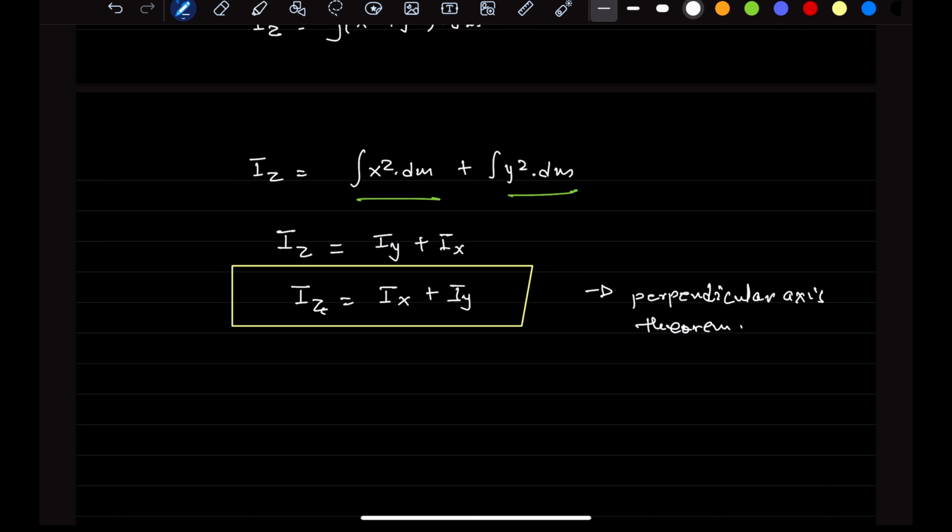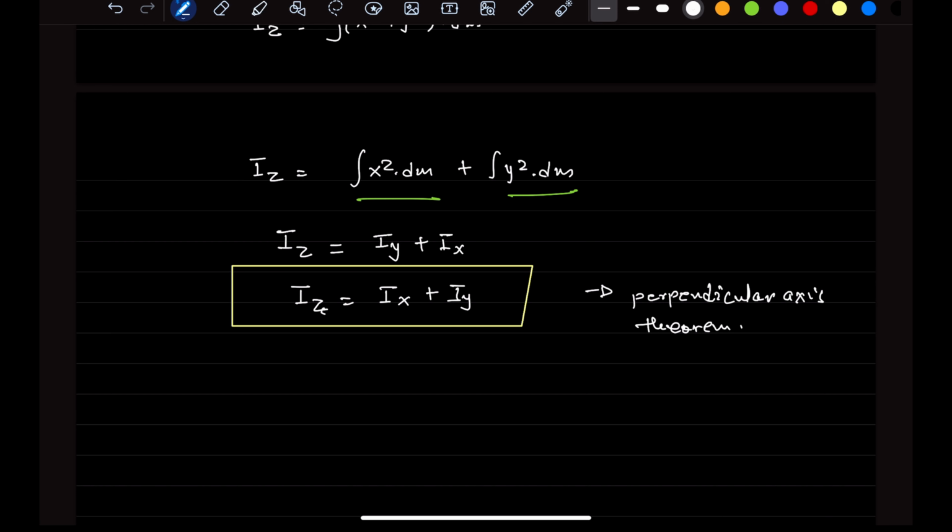X-axis and y-axis are passing through the surface and they are perpendicular to each other. And x, y and z-axis are passing through one point. Okay, this is the condition, right? I am writing down Iz. Doesn't mean that if anywhere z-axis is there, I can rewrite this relation like this.